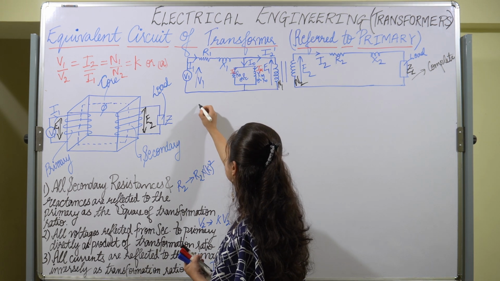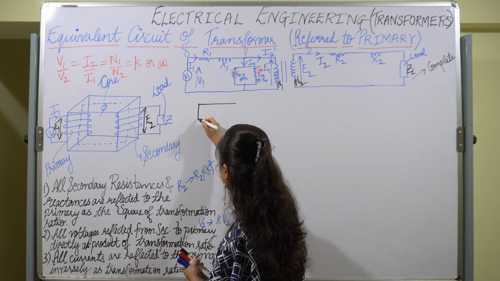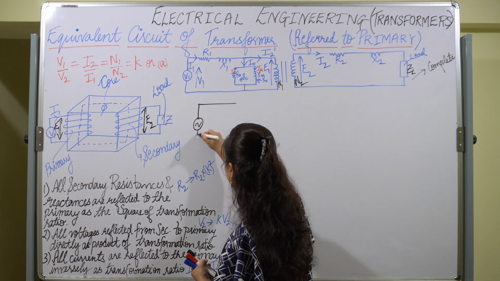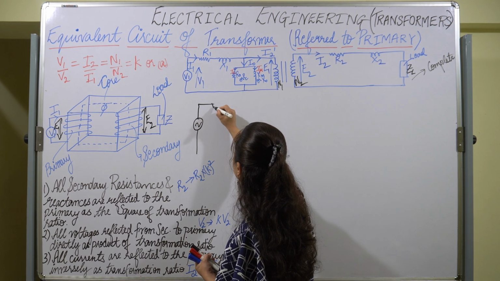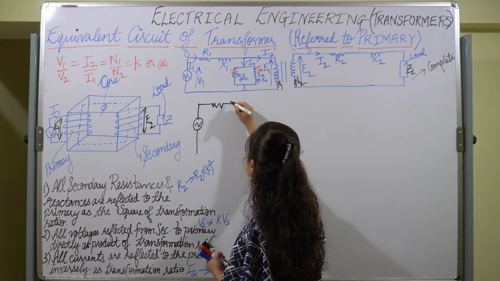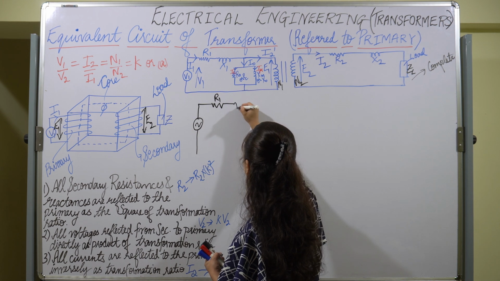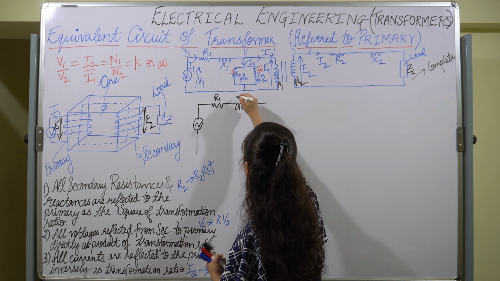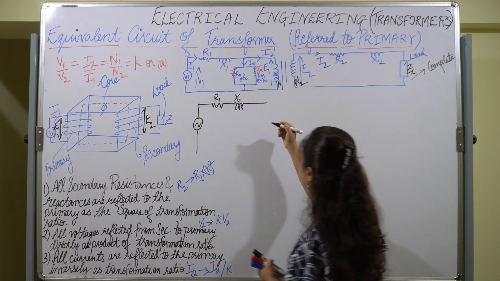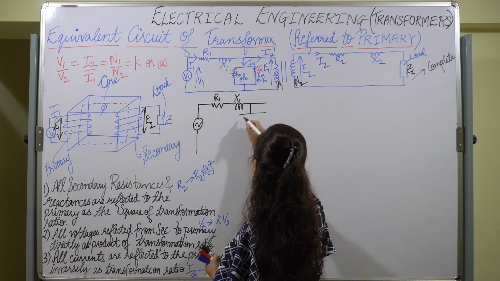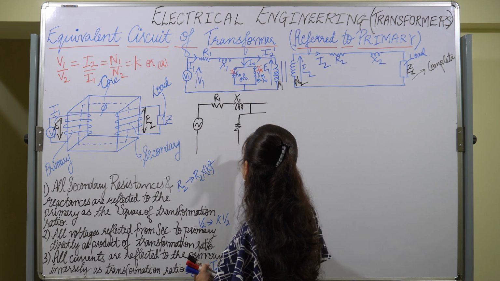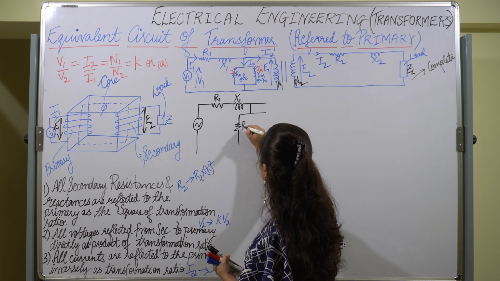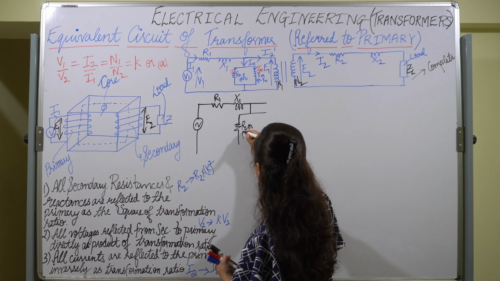Primary will remain as it is. This is the voltage source. Primary resistance R1, primary reactance X1. The no load current has two components, RC or R0.